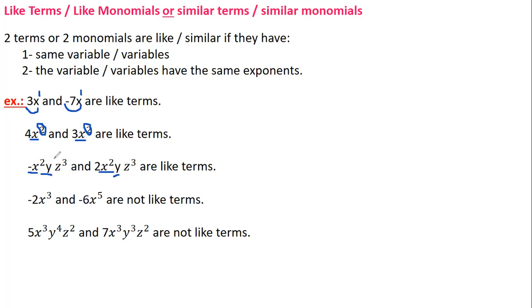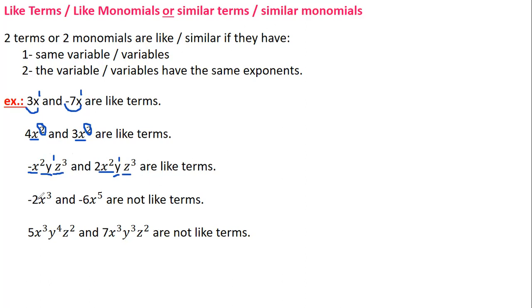Here the exponent of y is 1. Here the exponent of y is 1. Also, I continue. The third variable in the first one is z. The third variable in the second one is also z. Here the exponent is 3 and here the exponent is 3. So in both monomials, we have the same variables and each variable has the same exponent.